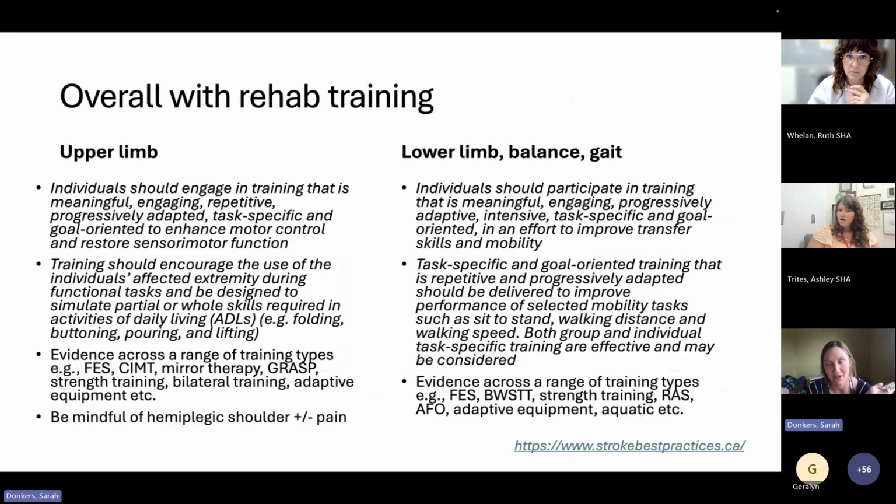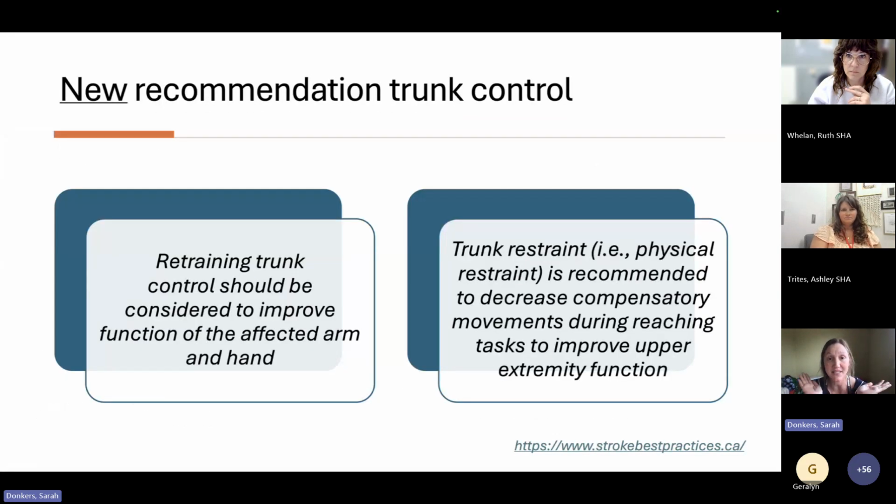And with upper limb, just be mindful of hemiplegic shoulder pain. So this is a new recommendation, and I think it's kind of exciting that we have high quality evidence here.